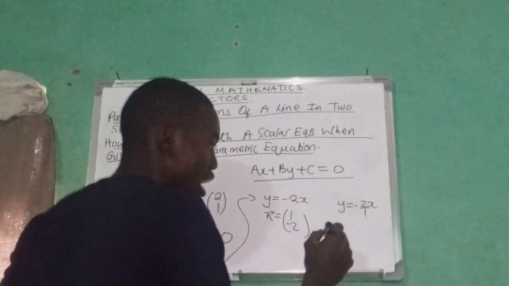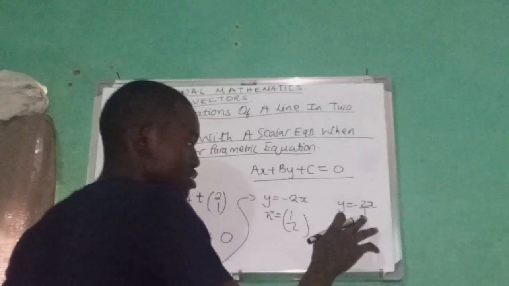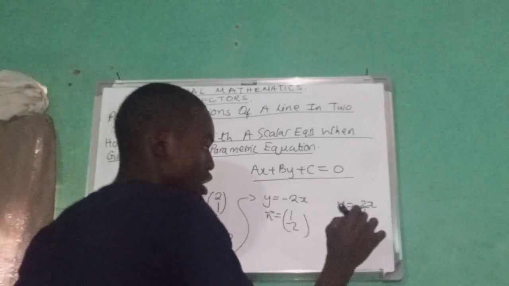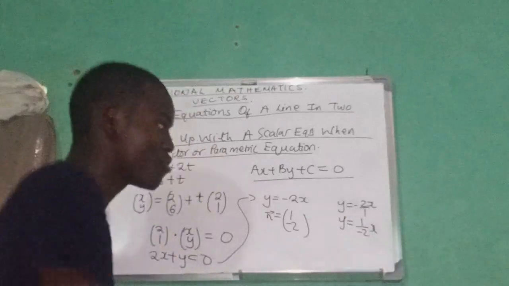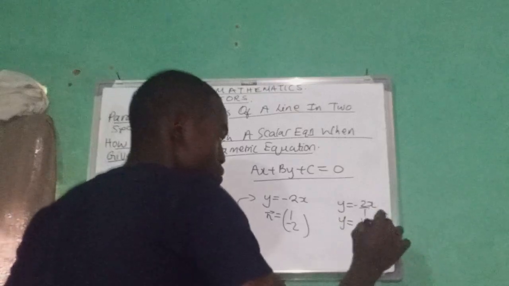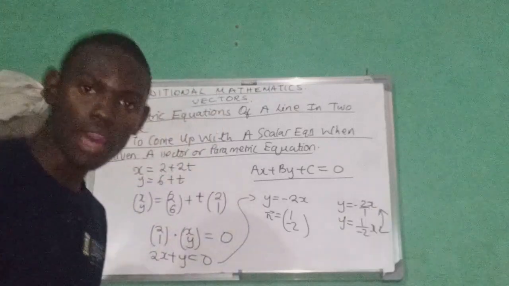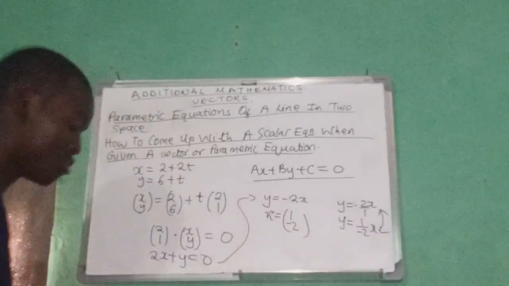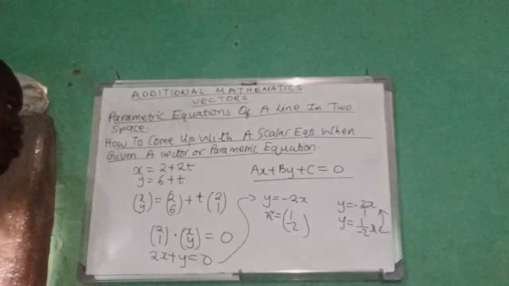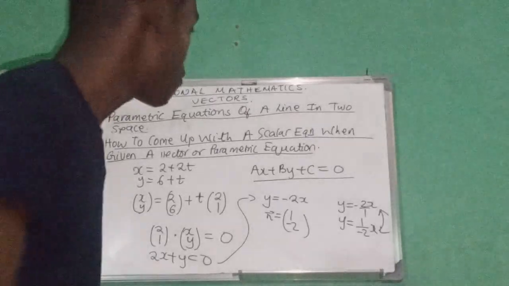We are not getting it the way it is here, we are getting it like this. Like I said in the previous video, these numbers need to swap. The letters are constant, these numbers need to swap. So this is the normal vector, and this was the first method for finding a normal vector.